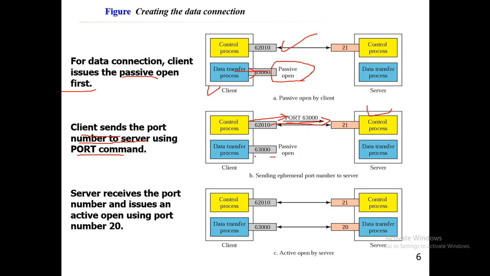So this is your passive open, and after the server receives the port number from the client, it will open its active open, its port number 20, to send the file to the port number that was received by the server from the client. So this is the whole scenario of how this data connection is being established.